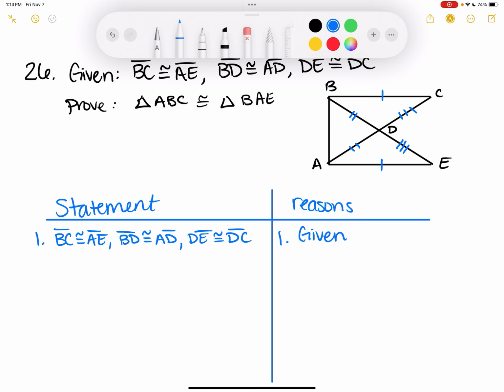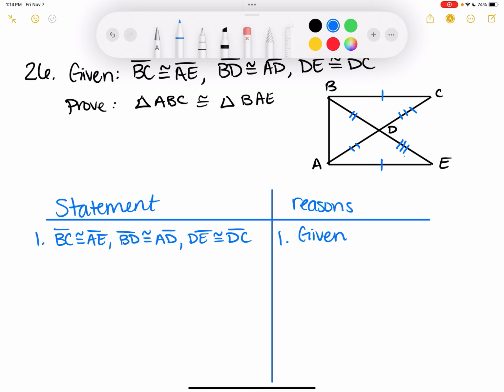So if two segments are congruent, what else do we know is true about them? About their measures? They're equal to each other. So I would probably go with something like not so much AE and BC. I really don't need those. But if we notice, I have these two are congruent and these two are congruent.